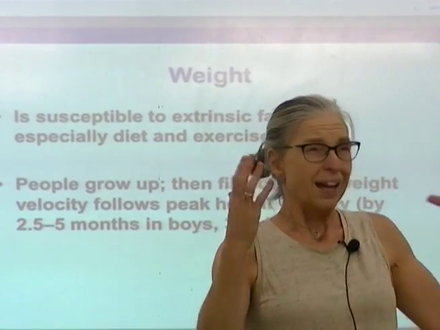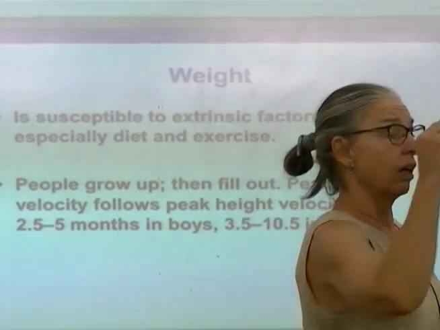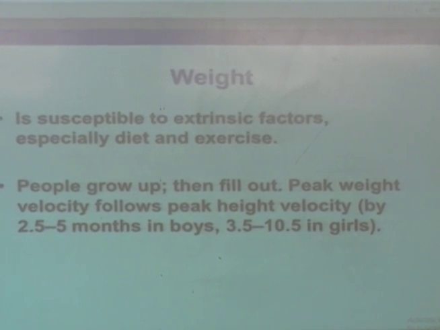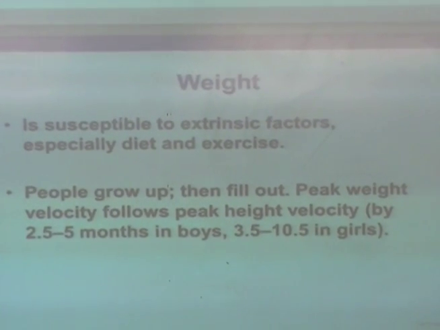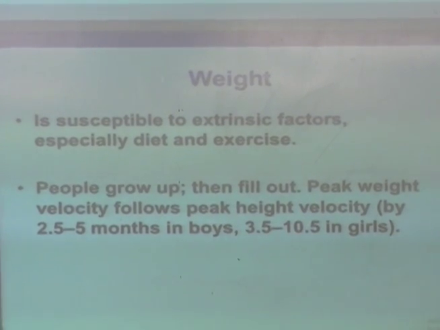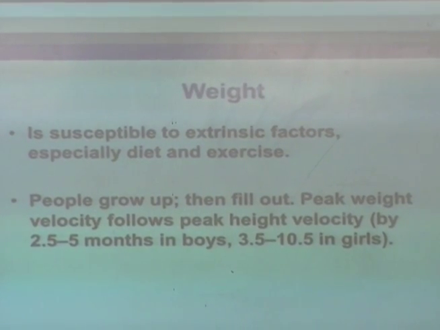Either way, the finish of that skeletal growth occurs before we see the peak weight velocity. The peak skeletal velocity is always before the peak weight.